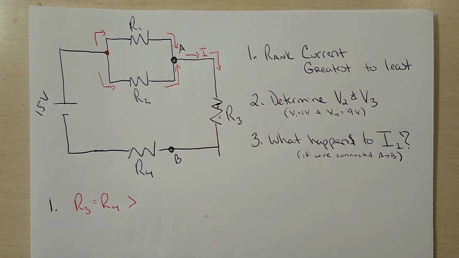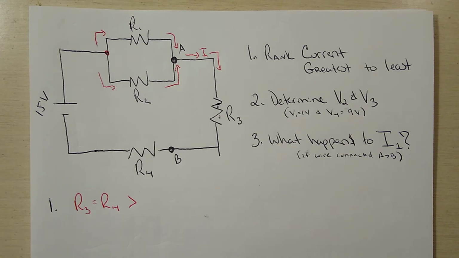But now we need to take a look at R1 and R2 and decide which one, if either, has more current going through it. Well, part of the problem, it tells you in the setup that R1 is less than R2, which is less than R3, which is less than R4 in terms of their resistance values. So R1 is the smallest resistor in this circuit, so it's smaller than R2.